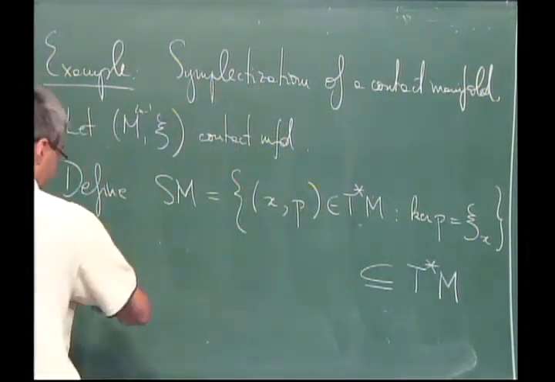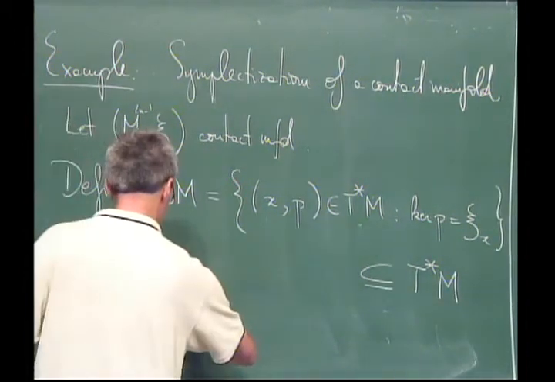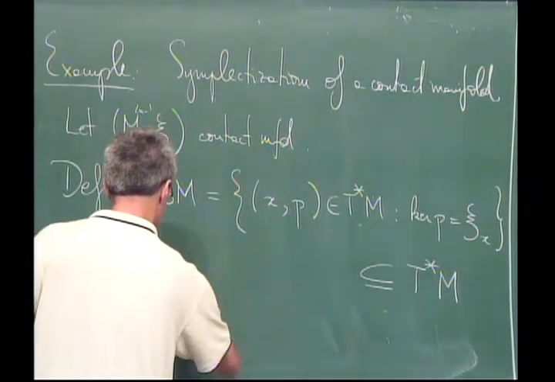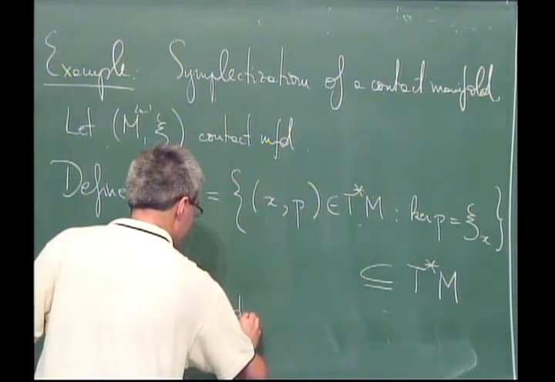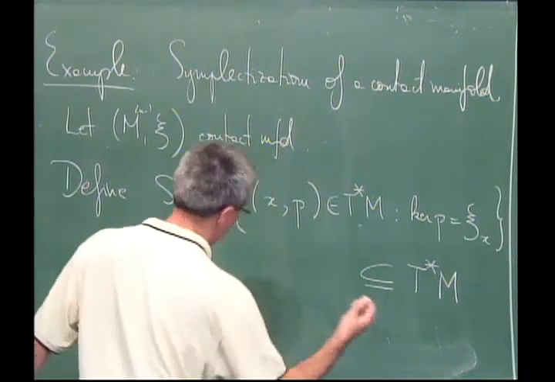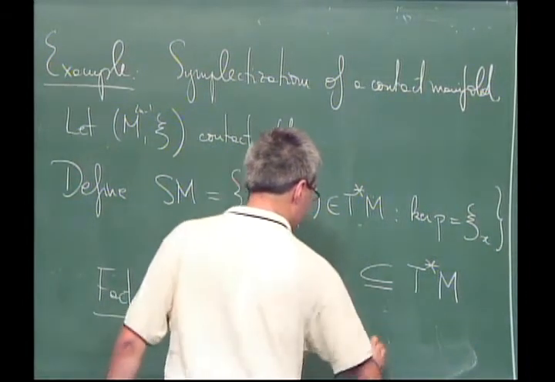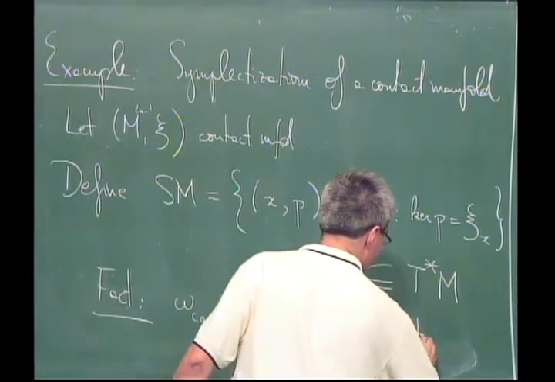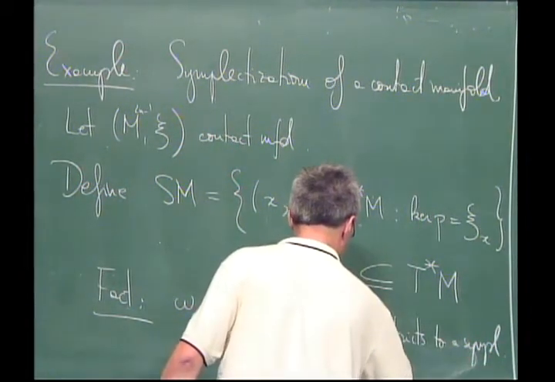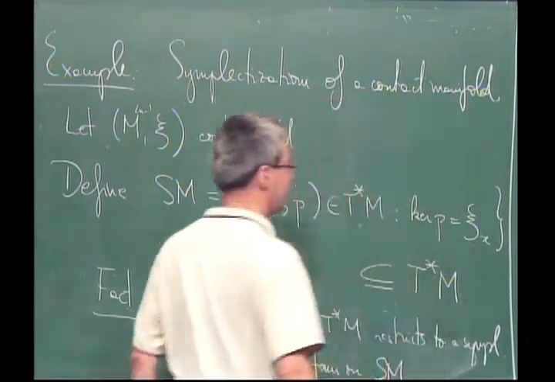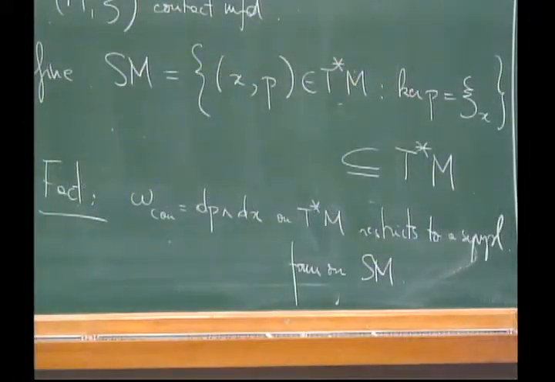And the fact is that the canonical symplectic form, which with my notation would be dp wedge dx, on T*M, restricts to a symplectic form on SM. So this is a kind of intrinsic way of defining the symplectization.